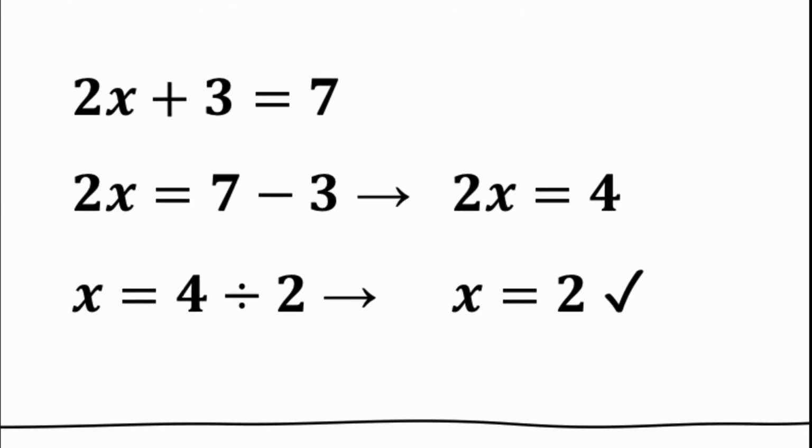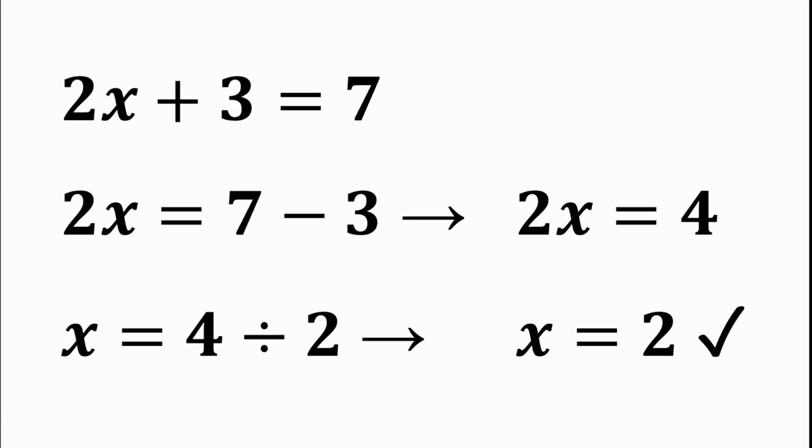So this is our first example: 2x plus 3 equals 7. My first step is to move the 3. This is the constant part, plus 3. I'm moving the plus 3 to the right hand side, and you should remember the sign of the plus 3.